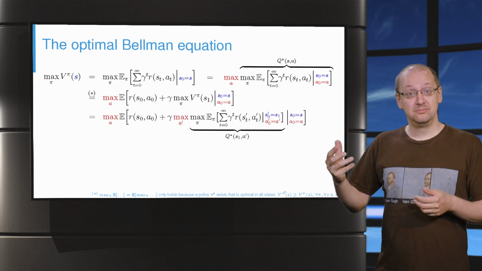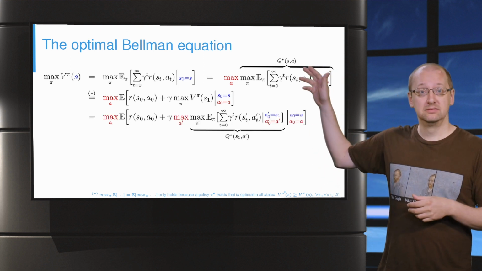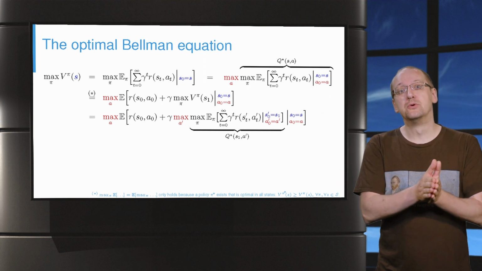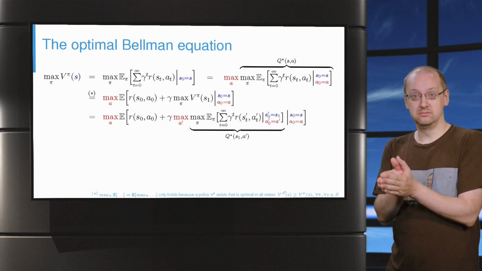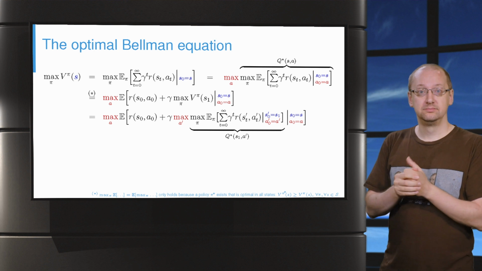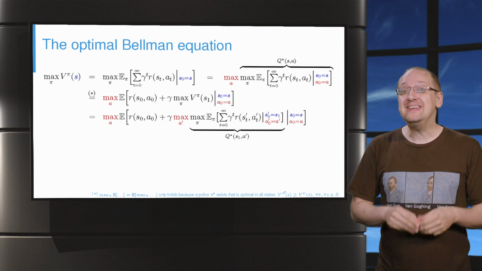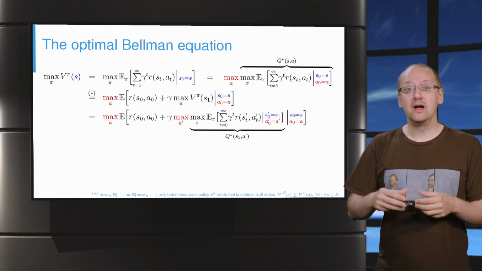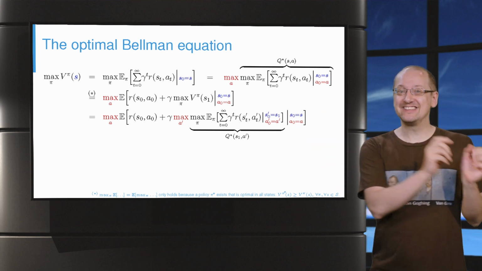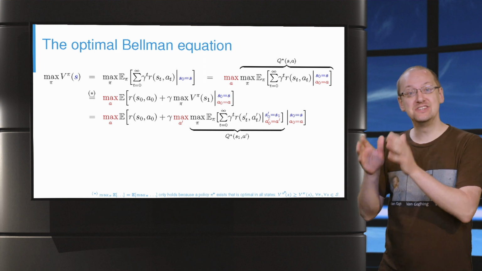The last step uses the same trick as above. The next action shall maximize the future rewards starting from S1. And we put the maximum again in the front. Note that the remaining expectation is the Q value Q star from above, but from the starting state S1 and the maximal action A dash.